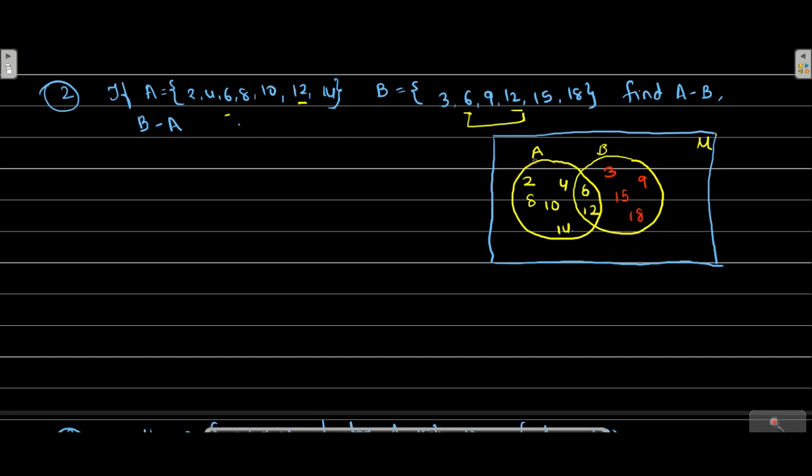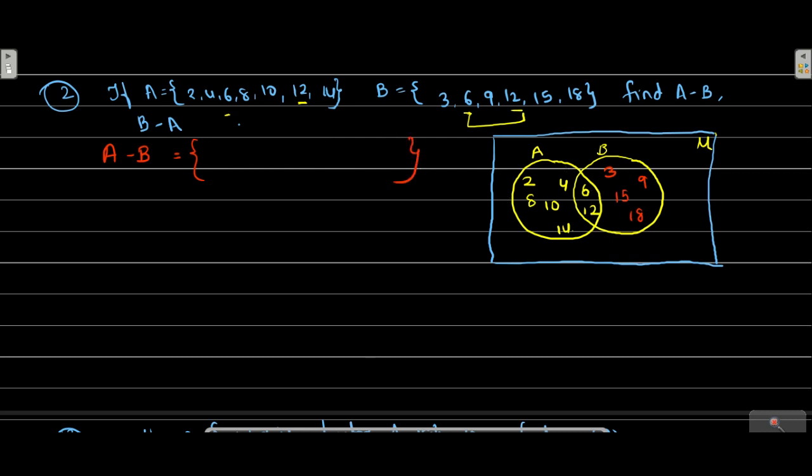Because it will be easy to find A minus B, A union B, A intersection B, B minus A, everything. From this we can easily give the data for that. So in this question, what did he ask? He asked us to find A minus B. So what you have to do, just look at the figure.